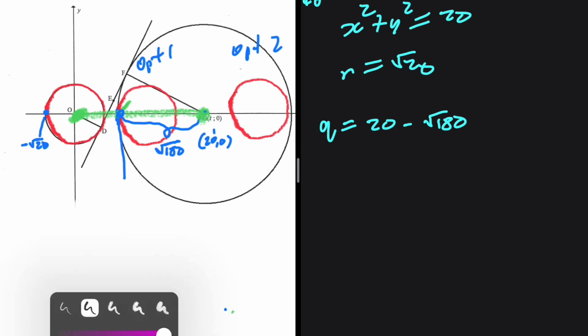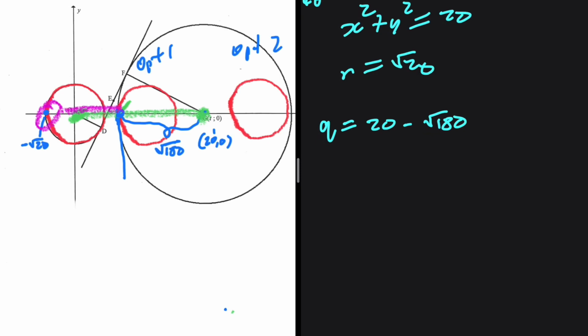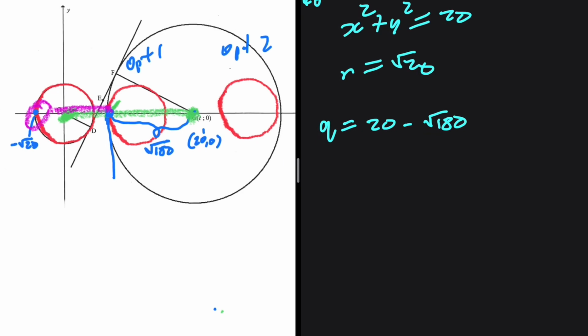We want to move this x coordinate such that it equals 20 minus square root of 180. We can have an equation for that which we call q prime. So q prime is equal to minus square root of 20 plus k, right?